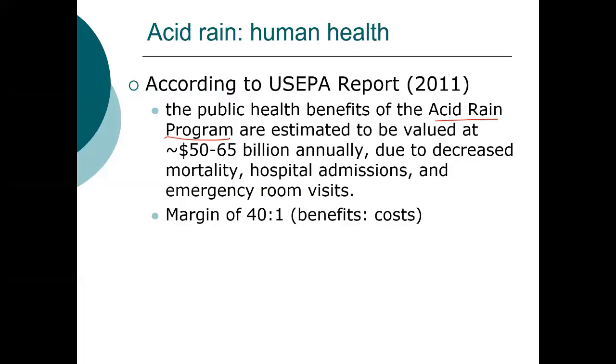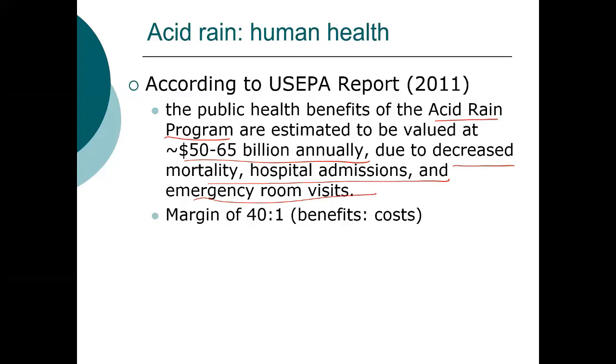The public health benefits of the acid rain program are valued at roughly $50 to $65 billion per year due to decreased mortality, decreased hospitalizations, and decreased emergency room visits.